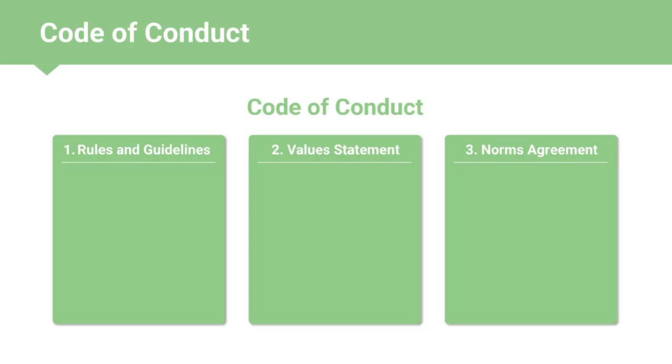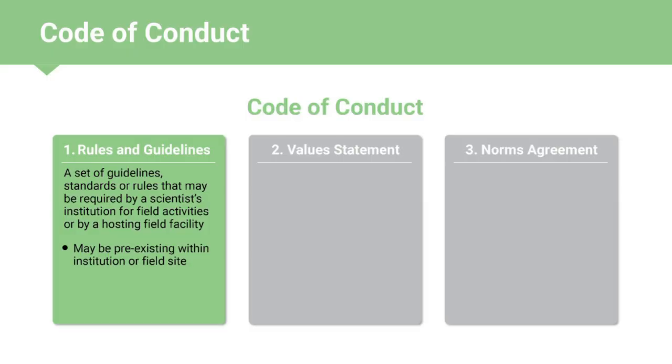We suggest that a code of conduct be made up of 3 parts: rules and guidelines, values statement, and norms agreement. The first part includes existing rules and standards. This may be a set of guidelines or standards that are required by a scientist's institution for field activities or by a hosting field facility.